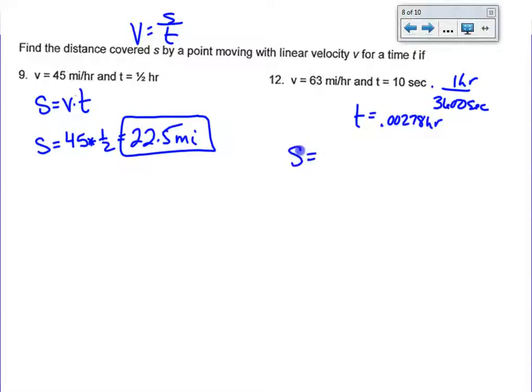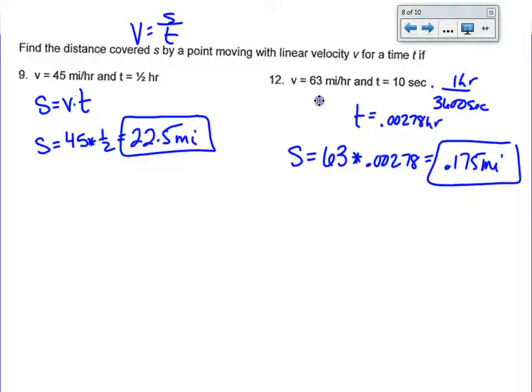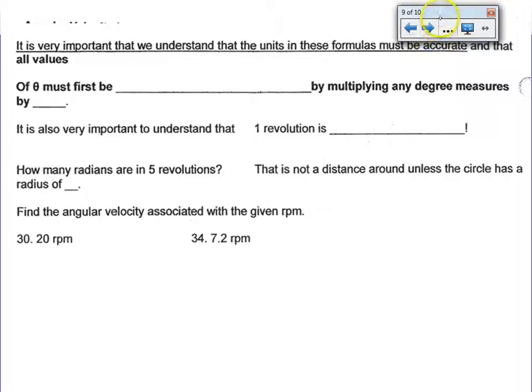So now my arc length is velocity, which is 63 miles per hour, times 0.00278 hours. And when I type that in, I get 0.175 mile. I guess technically I could have converted the miles per hour to miles per second, but I don't think that would have been very fun.